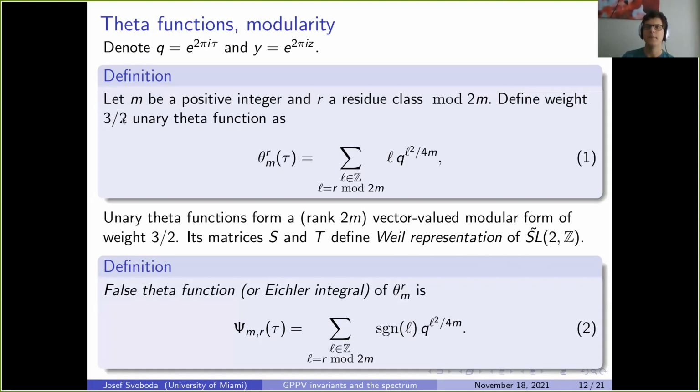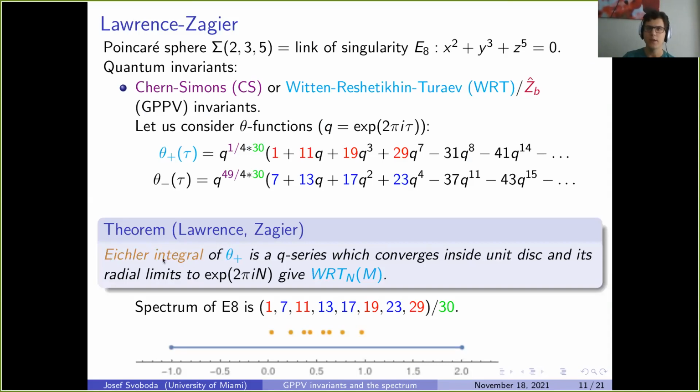Sorry, I was lying slightly. This is not true. The truth is that you first need to take the Eichler integral of this theta function.